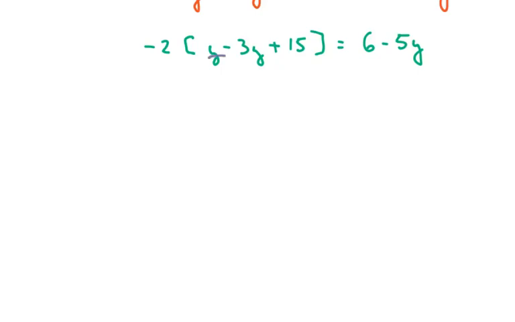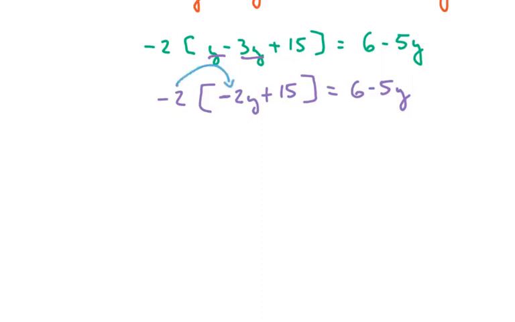Because I have -2y and -3y, I can put those two together: -2y plus 15. I've kind of run out of options here, so I'll just distribute the -2. I'll get 4y, note negative times negative is a positive, and then -30 because negative times a positive is a negative. I have not done anything to the other side.